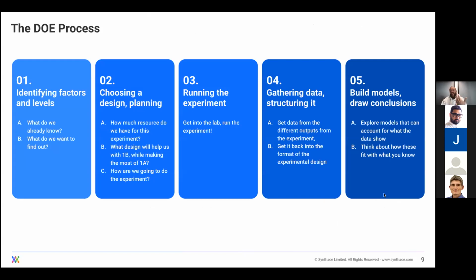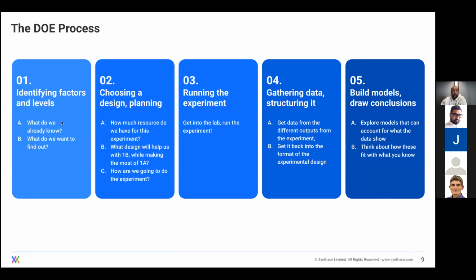Jar Jar then introduced this DOE process flowchart, and I thought it was a very useful high-level overview. He highlighted that this process is similar to what biologists currently do when conducting their research, with only really steps 2 and 5 differing in how you perform them when using DOE.